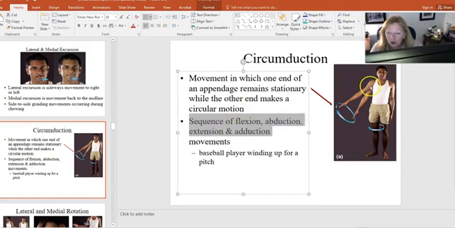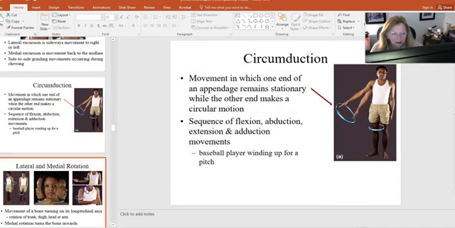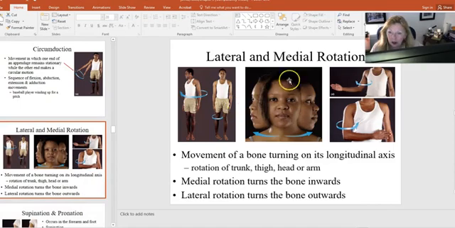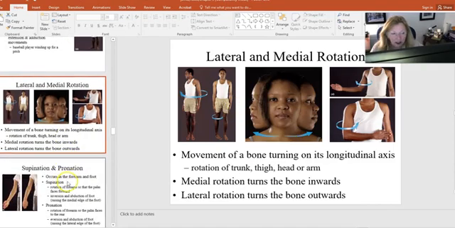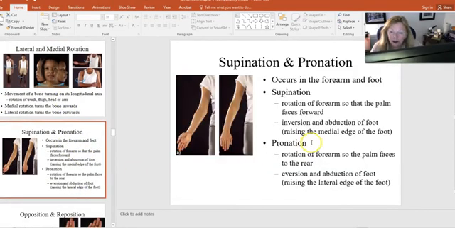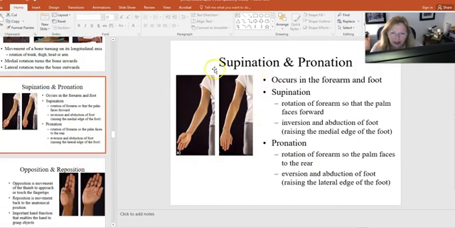We only have this at the ball and socket joints, so the shoulder and the hip joint. They give you a lot of examples, so you can look at this. There's also an exercise you could do on your McGraw-Hill site. So just play around with these terms, making sure that you know all of these terms.